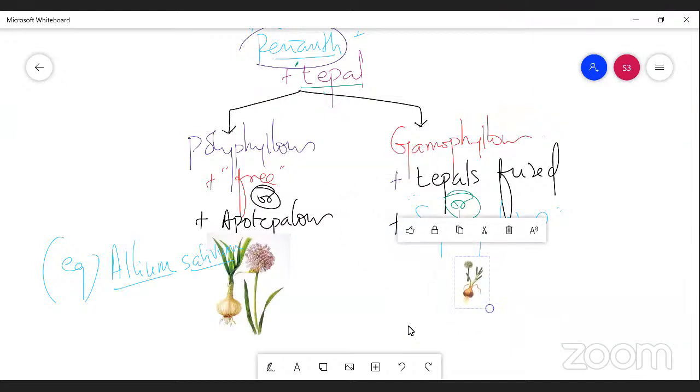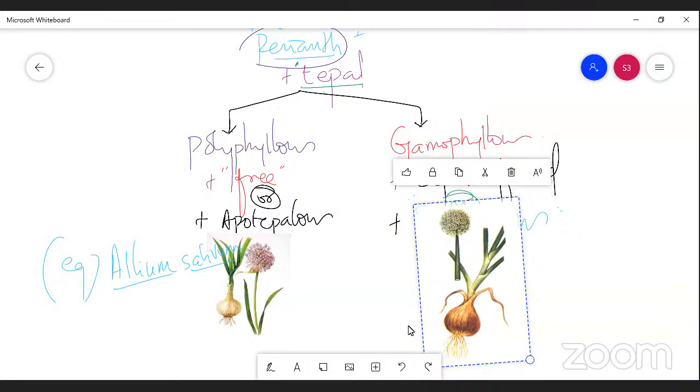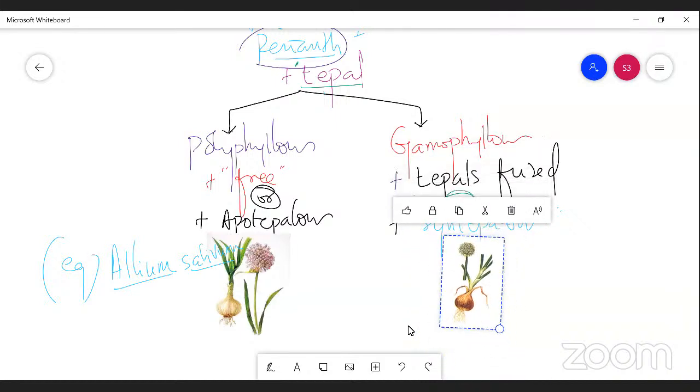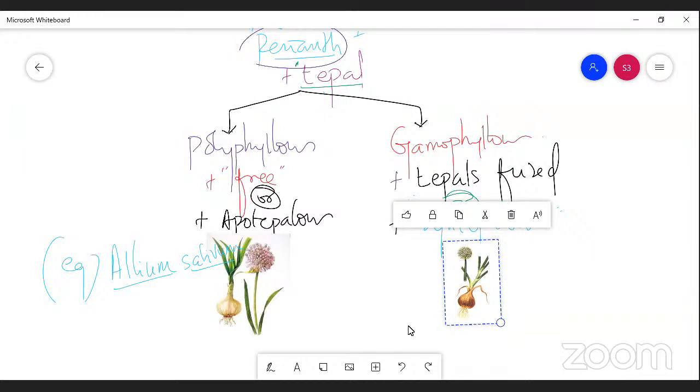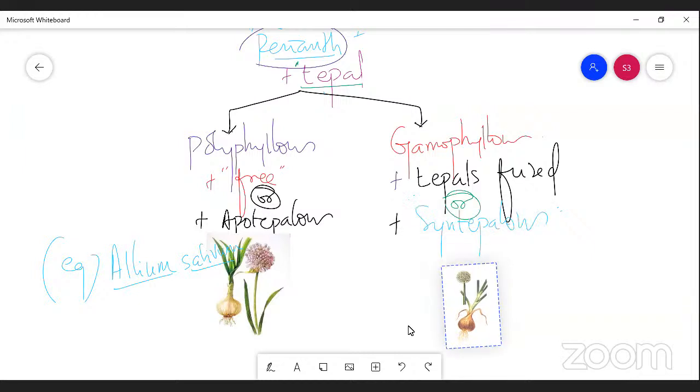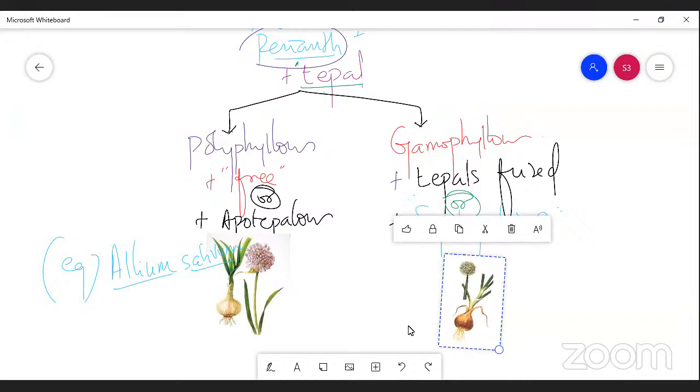Dear student, please understand Allium cepa. That is an example of syntepalous, because the tepals are united in nature, right?